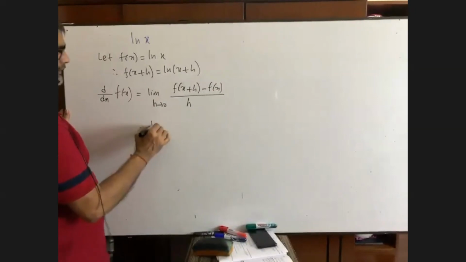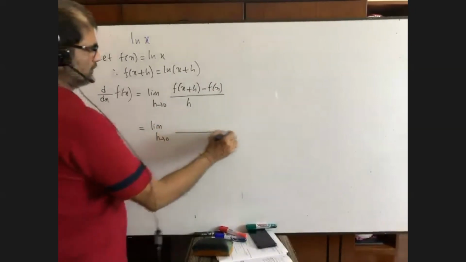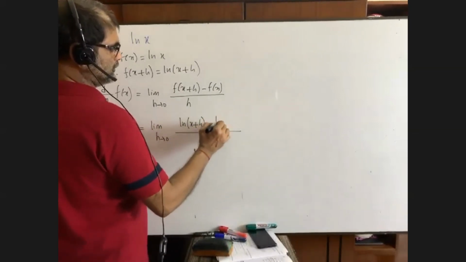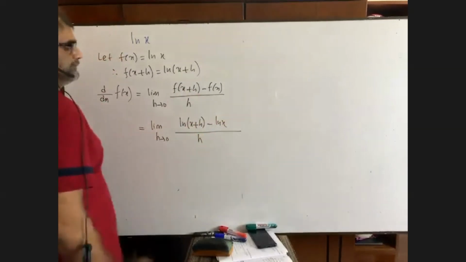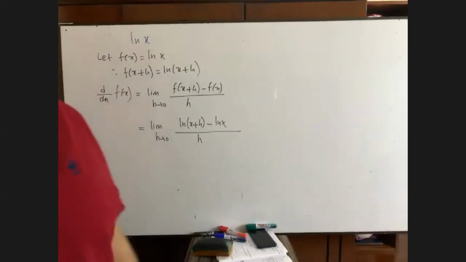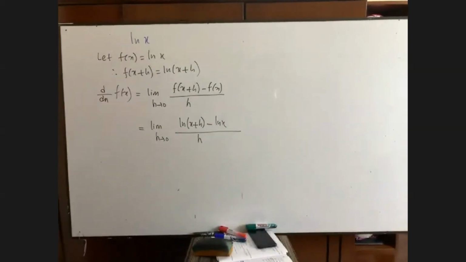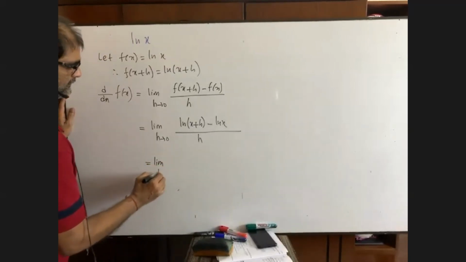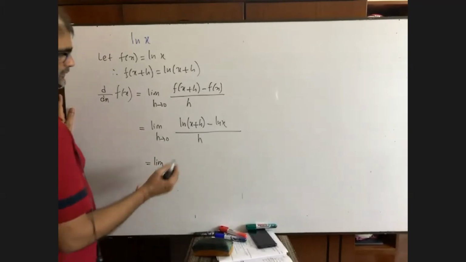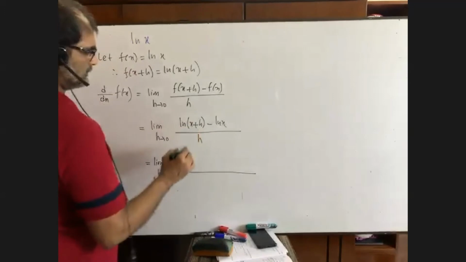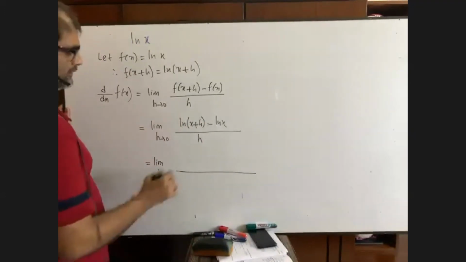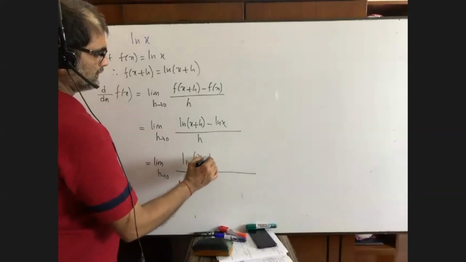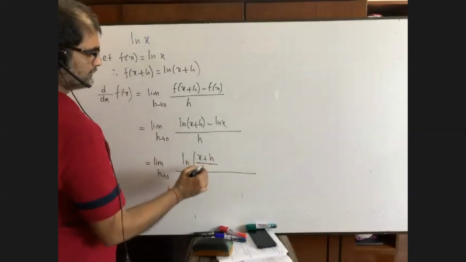This is limit h tends to 0, ln(x plus h) minus ln x. It is subtraction, right? So normally what will happen? It will be divided.